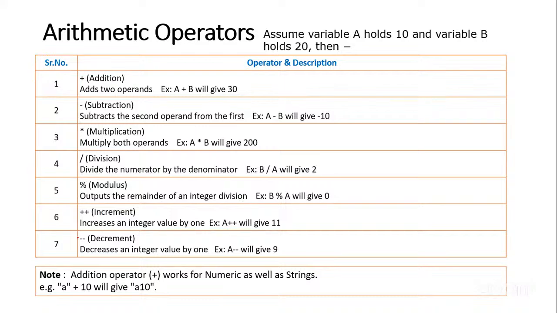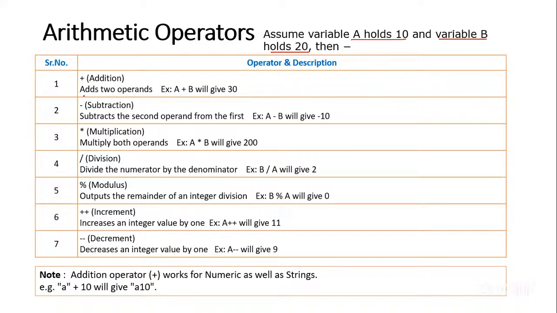In all these examples, I assume that the variable A holds 10, the variable B holds 20. Nothing but A value is 10, B value is 20. That is my assumption. As per those values, we will implement different operators here.